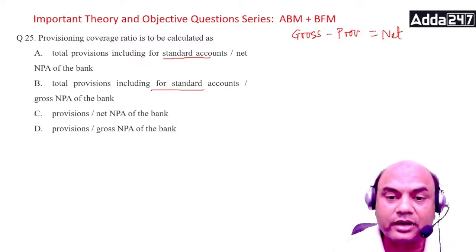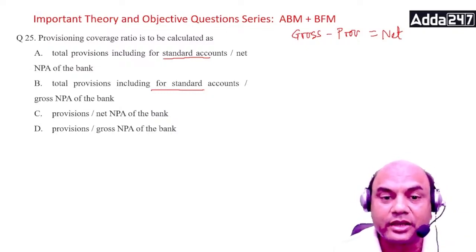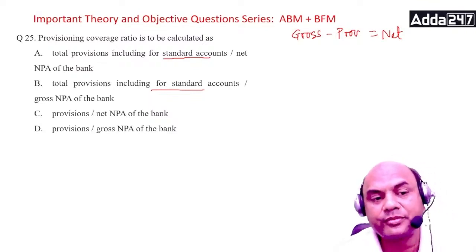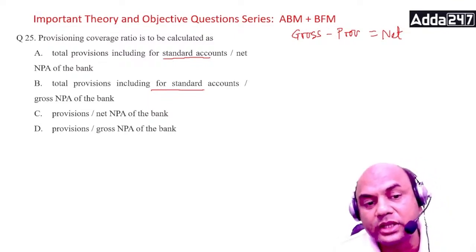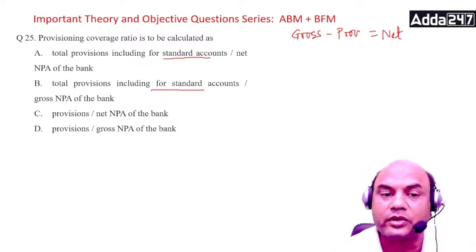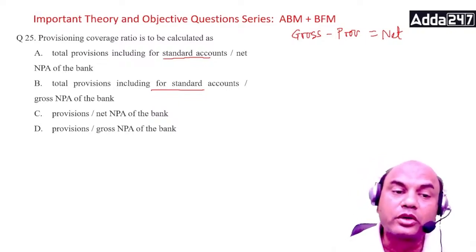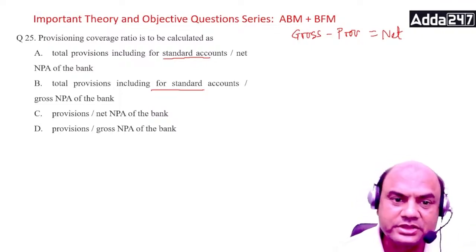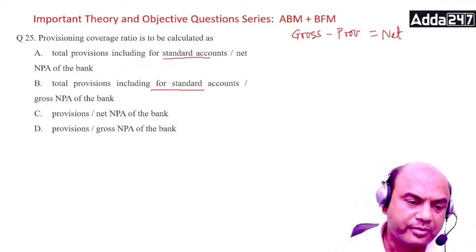Do we put it the same as the NPA accounts? No. So that's why remember PCR is to be calculated. So A is out, including standard accounts, totally out. You cannot include standard accounts provision in the total provision along with the NPA provisions. Okay, so A and B are out.